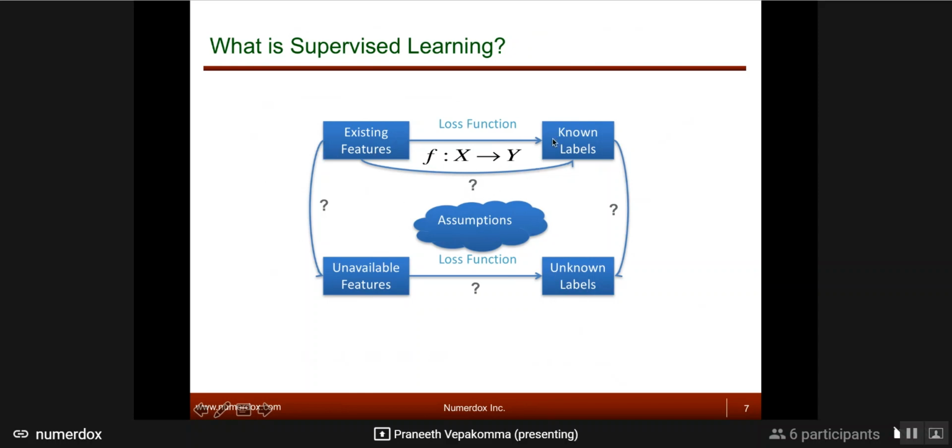If I only was talking about this part, then it is just curve fitting. As long as I can go from here to here with some f, I'm fine. The learning part is this. You want to learn a function that is not just good here, but mainly performs well in terms of its prediction in the future, where features will become available when you start deploying it, but label variables will never be known.